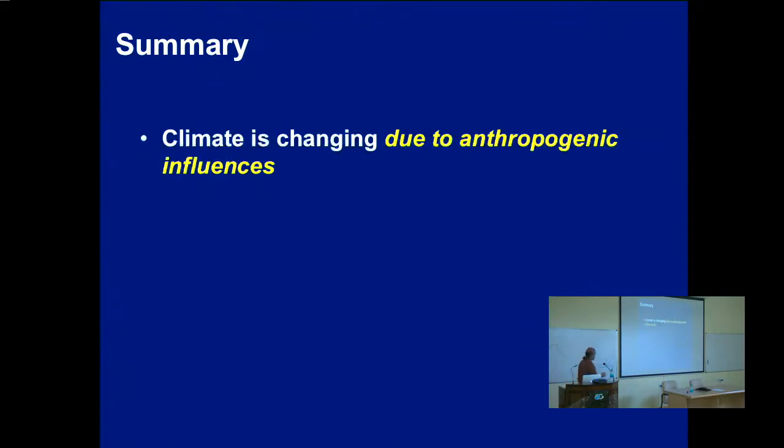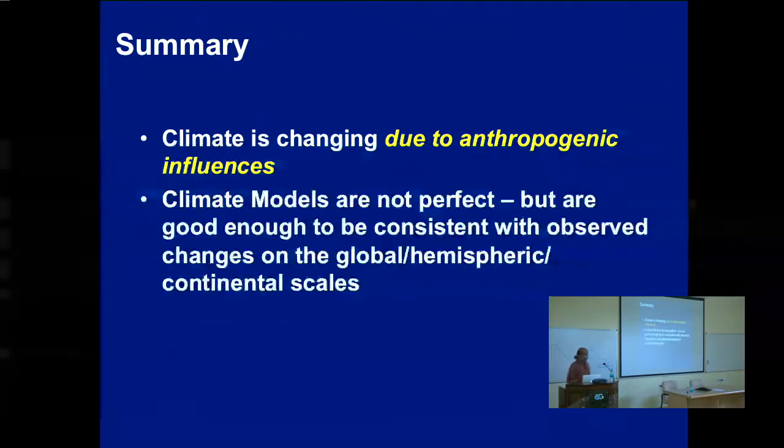So just to summarize and close up, climate is changing and has changed due to anthropogenic influences, and you can see that from climate models. Climate models are by no means perfect, but especially at global, hemispheric, maybe continental scales, they are telling us reasonably accurate information.